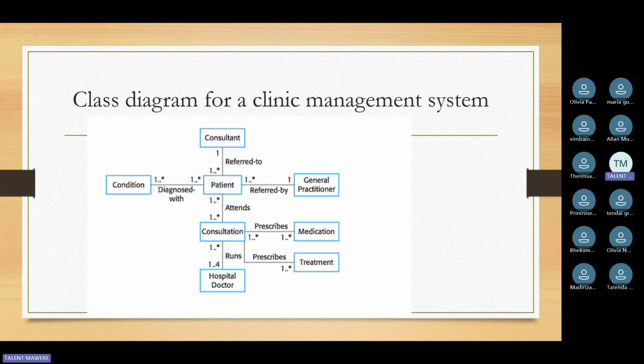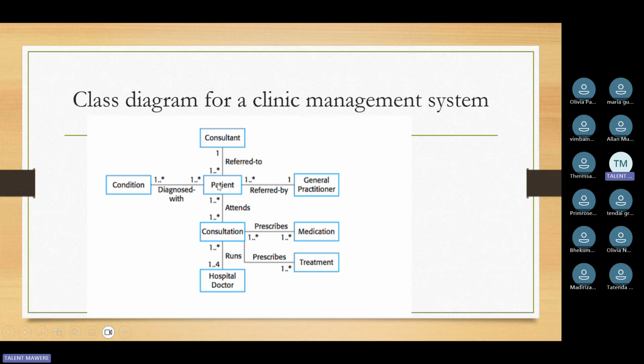This example here is of a class diagram. The class diagram consists of a number of entities. We have a consultant, patients, condition, general practitioner, consultation, medication, treatment, and hospital doctor. So what are we saying here?